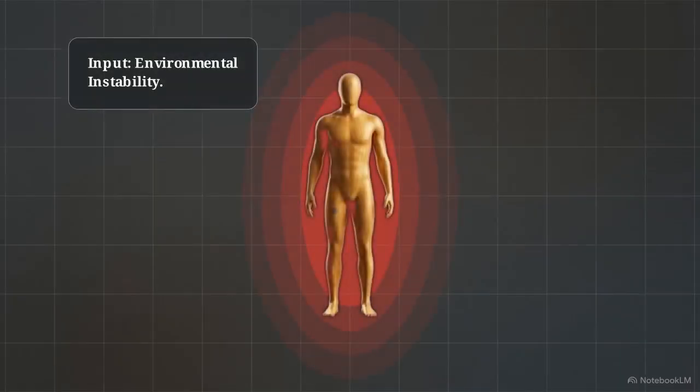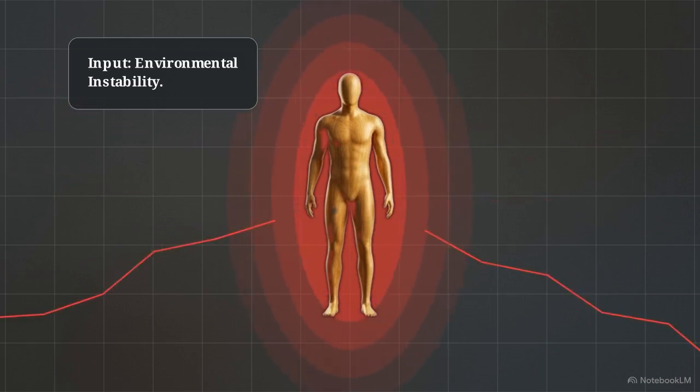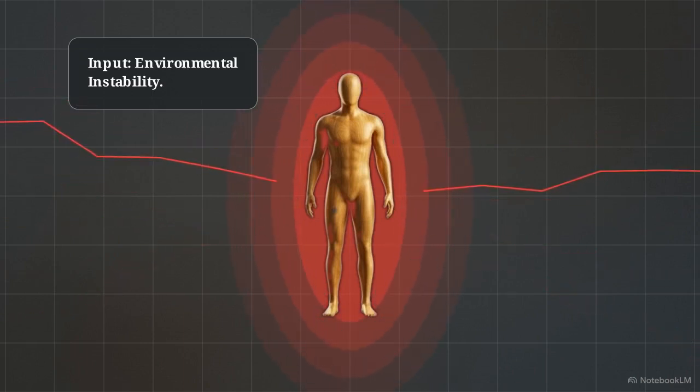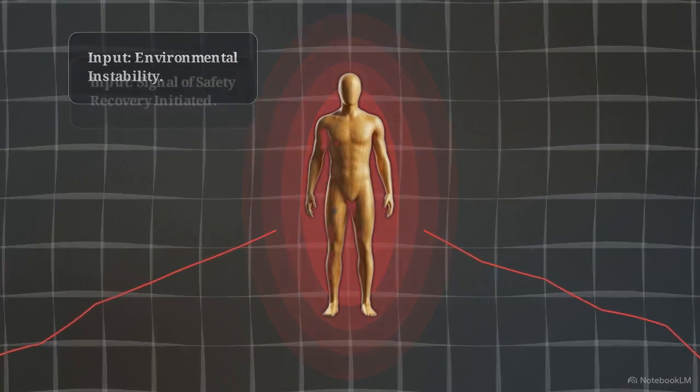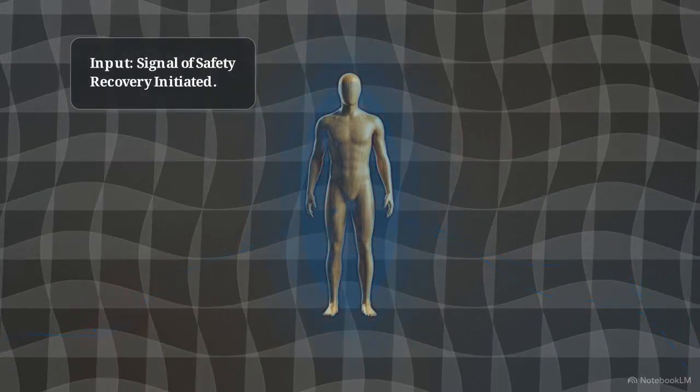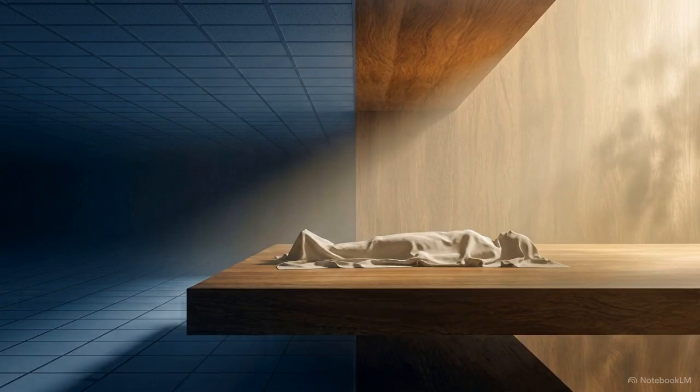The autonomic nervous system processes these inputs as indicators of instability, shifting the body into a state of physiological vigilance. We are exploring how to reverse engineer these environments to intentionally signal safety to the brain and initiate the recovery process. The built environment determines the baseline physiological state of the human occupant.